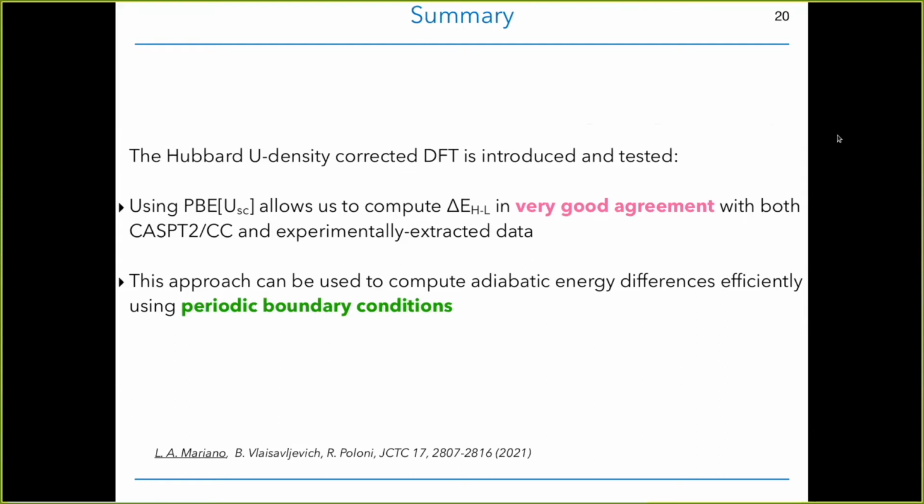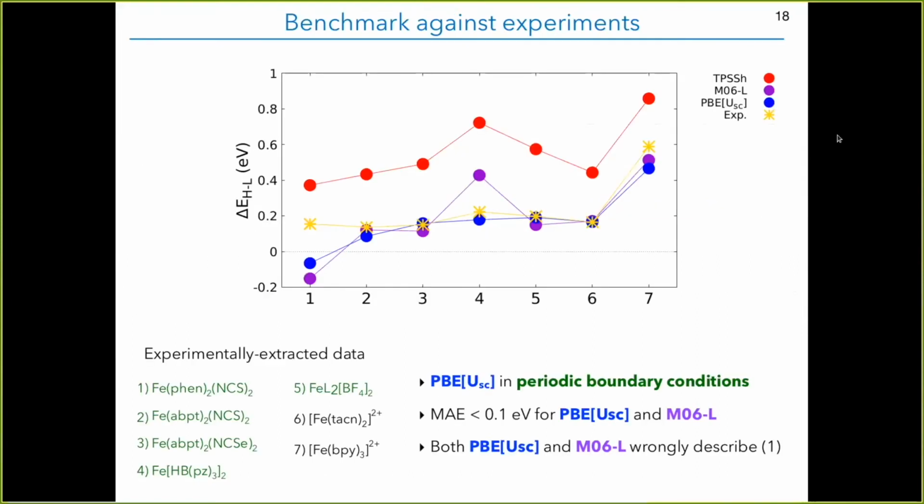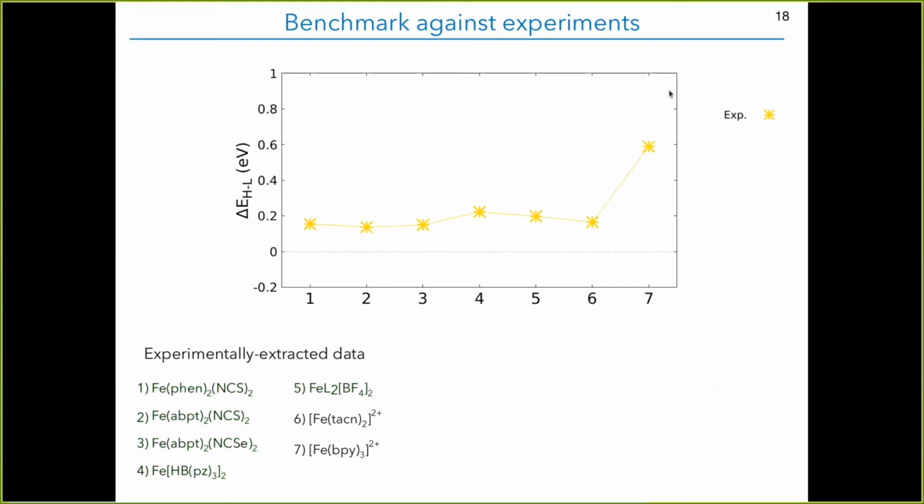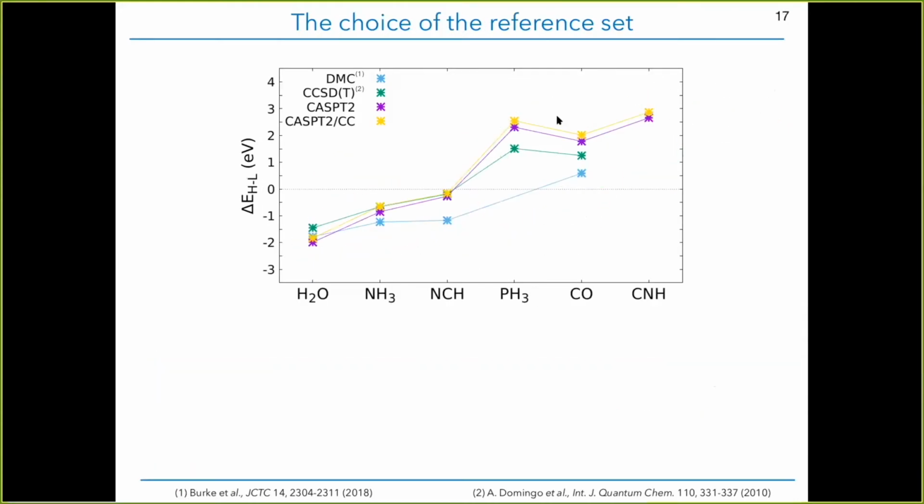Yes, there are several works in which they have used diffusion Monte Carlo for computing this quantity and to produce the reference values. At this point, I would say that the choice between diffusion Monte Carlo and CASPT2 is quite arbitrary, because both methods require some approximations.